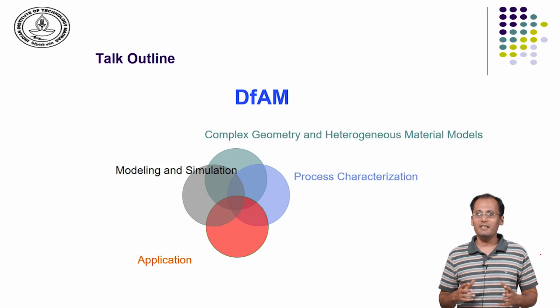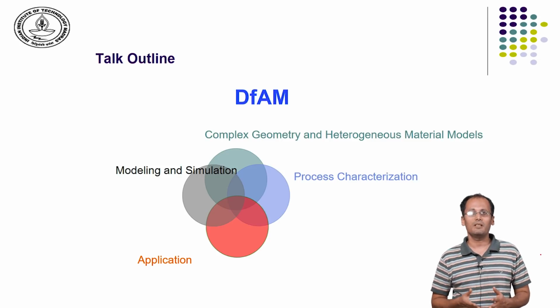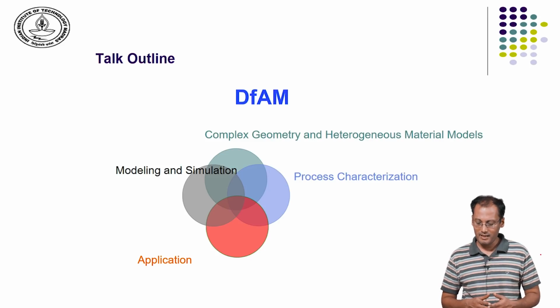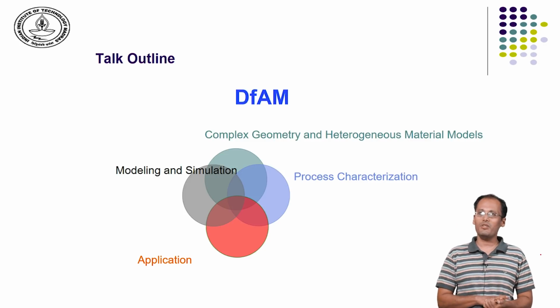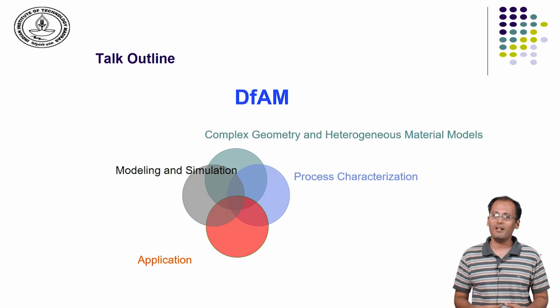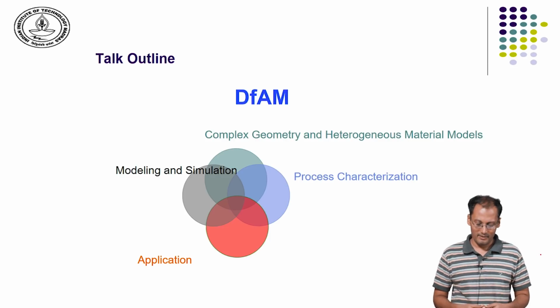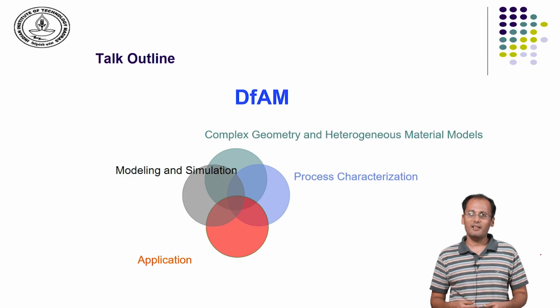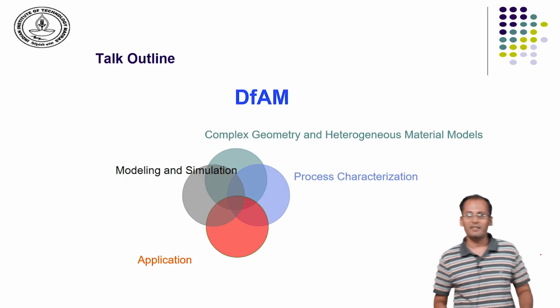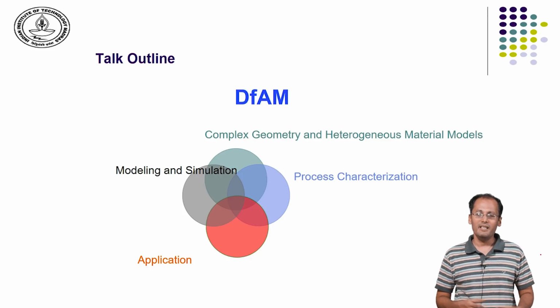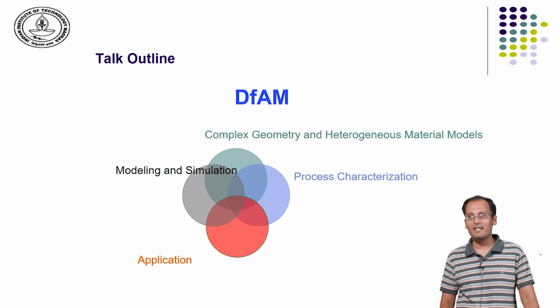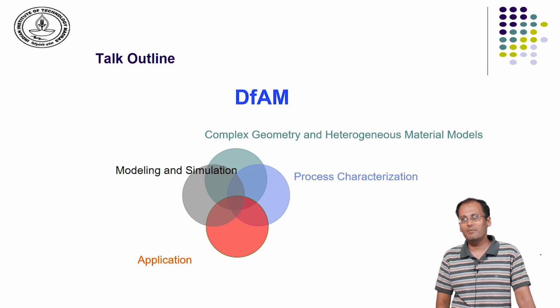And not only the geometry, we are now talking about the material variation, which we call heterogeneous material models. So, the material is also non-homogeneous, thereby giving a lot of scope for design. The process used for manufacturing could be a plethora of processes like fused deposition modeling, or a selective laser sintering process. Each of these processes has specific process characteristics and process variables.